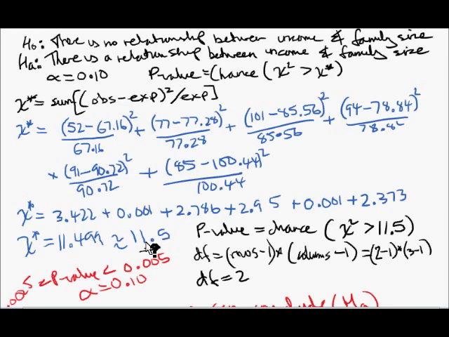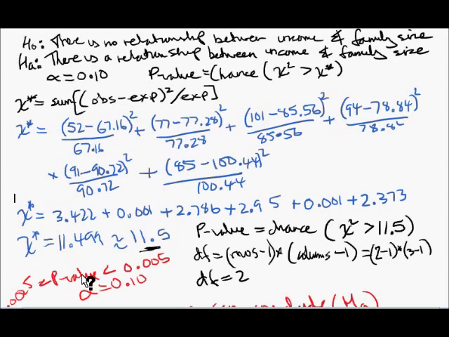There's a relationship. Because the observed and expected are far apart. But if the observed and expected are close together, then maybe H0 is true. So if the observed and expected are close together, the chi-star will be small. A small chi-star means a big p-value, so we can't say HA is true, got no conclusion. Maybe they're related, maybe they're not.